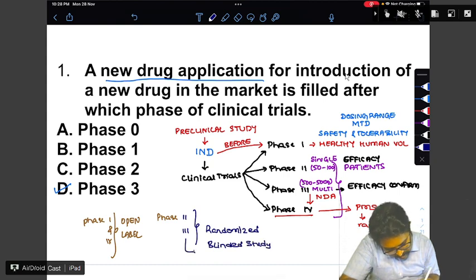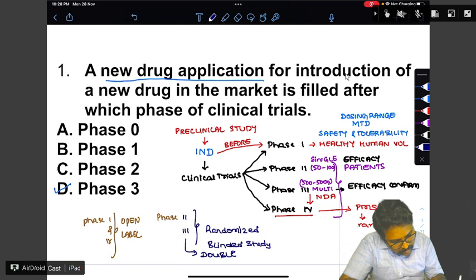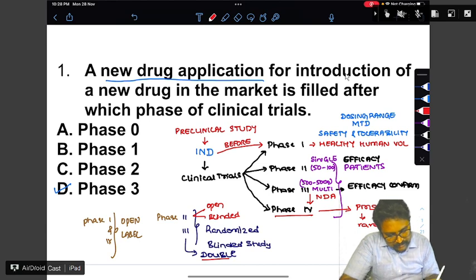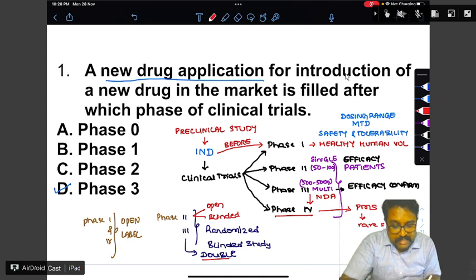Usually phase 3 will be a double blinded study, whereas phase 2 can be an open label or a blinded study. Double blinded means both the investigator and patient will not know what they are receiving. So this is all about the new drug application. Just remember, the investigational new drug application is applied just before phase 1, whereas the new drug application will be applied after phase 3.